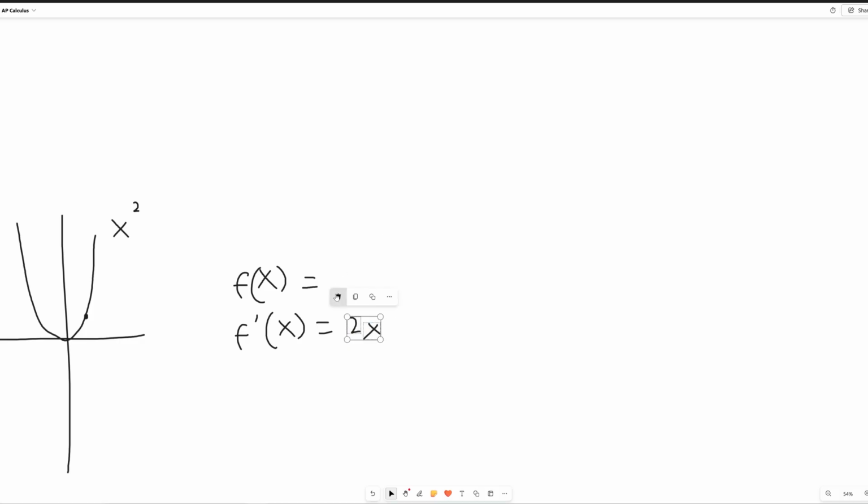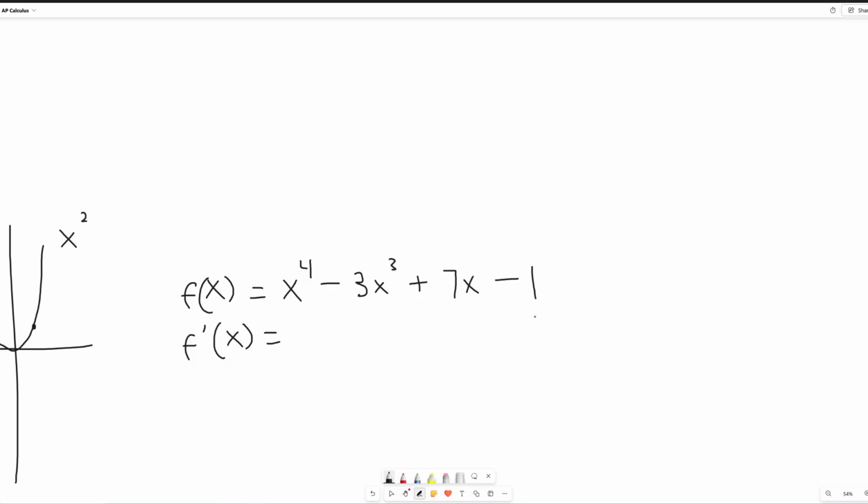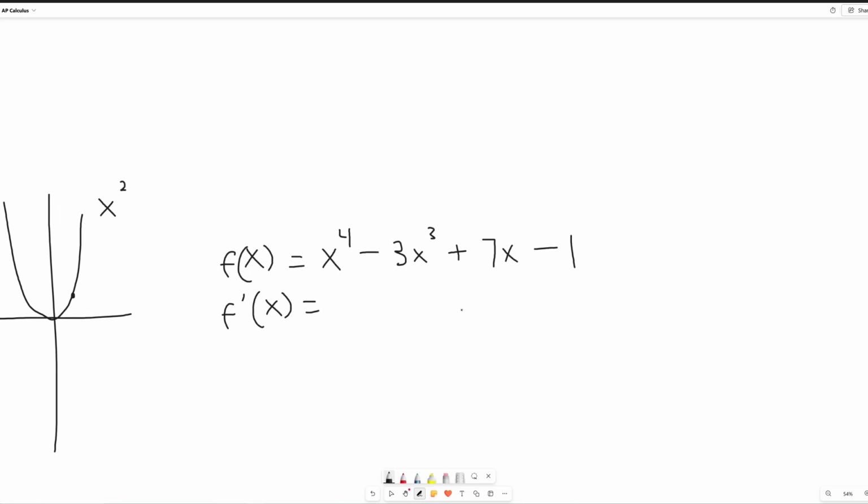So, let's say you have some crazy function x to the 4th minus 3x cubed plus 7x minus 1, right? You can just do the power rule.